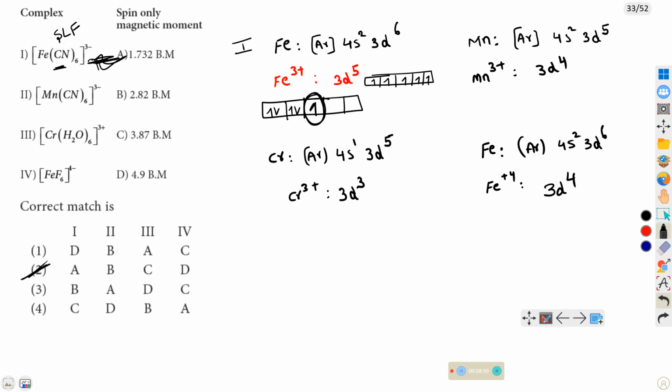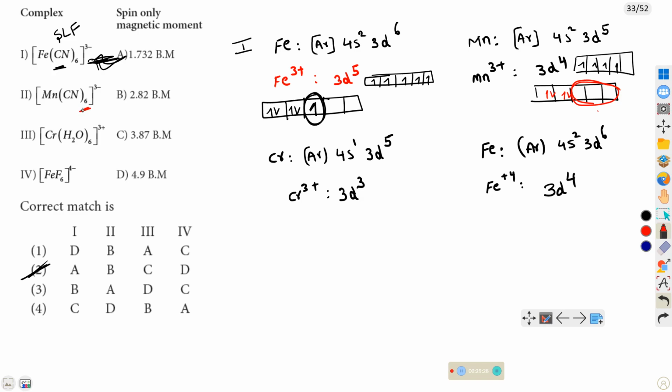You can check remaining also. Manganese 3d4, because manganese is in 3 plus oxidation state. [Mn(CN)6]3-. Now regrouping of electrons takes place because CN is a strong ligand field. Suppose regrouping takes place, how many empty d orbitals are present? 2 empty d orbitals are present.